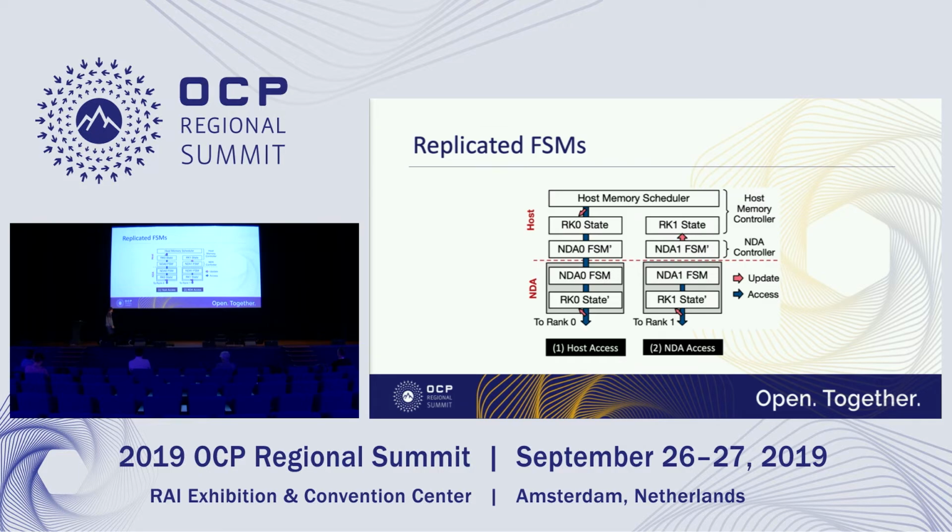The left side shows tracking the host access from the NDA, and the right side is where something new happens. On the host side, there is a replicated FSM, and whenever there is an internal access, it already knows what kind of memory access there will be, and it will update the state of rank 1 accordingly.